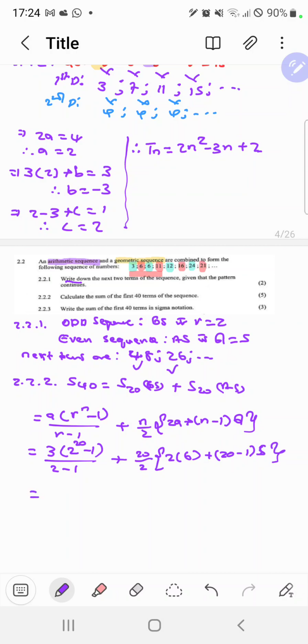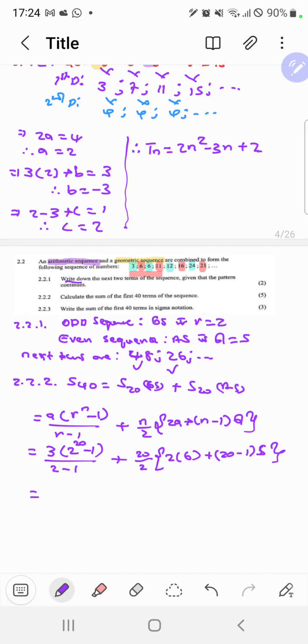Okay, so let's get the values there without causing ourselves any problems. So I'm going to have here 3 into 2 to exponent 20 minus 1, close, divide by 2 minus 1, which is just 1.